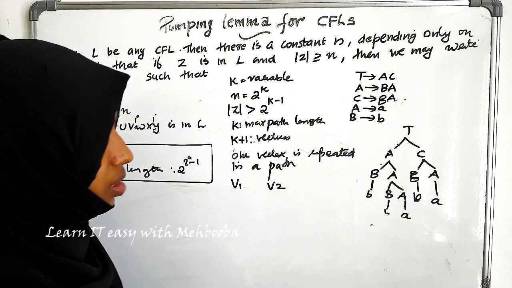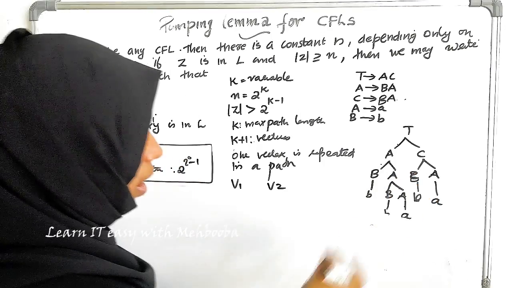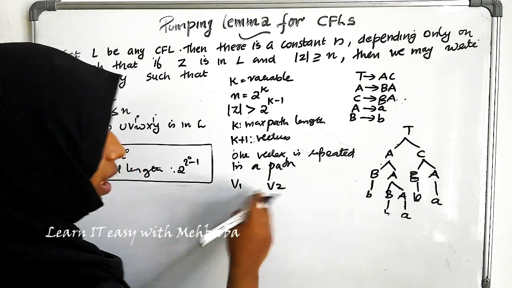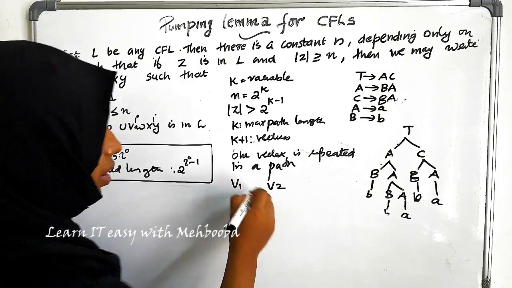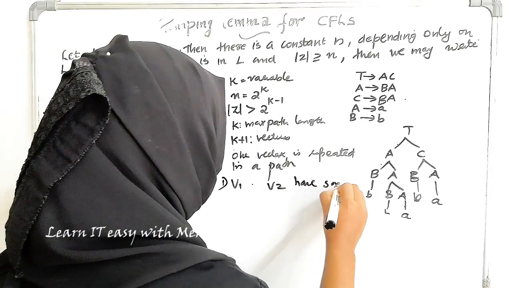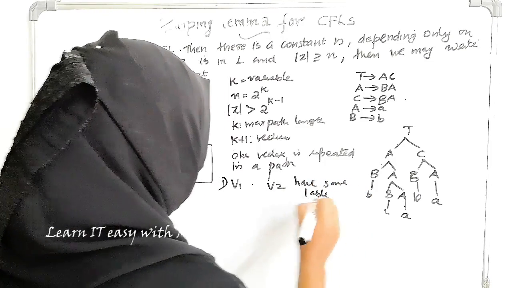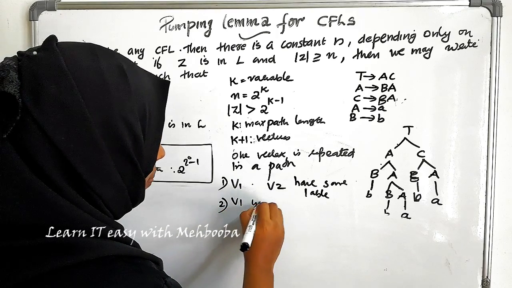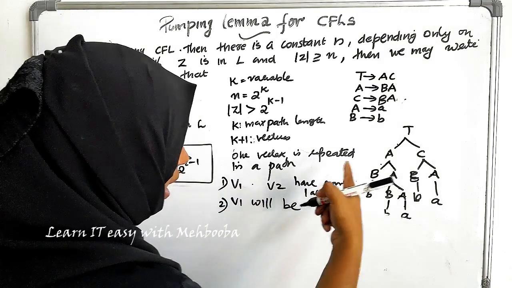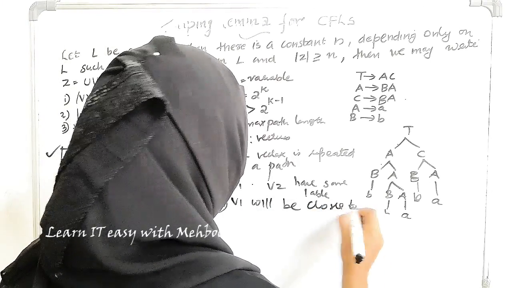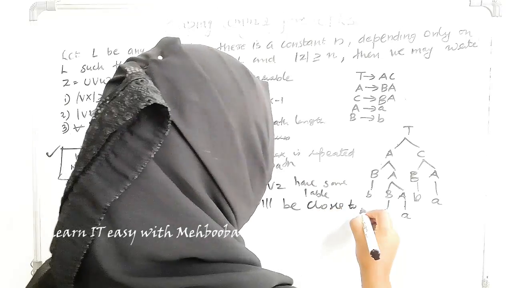That is what it means. So in that case, one of them, say V1, will be closer to root, because they are on the same path. So let V1 be the one closer to root.